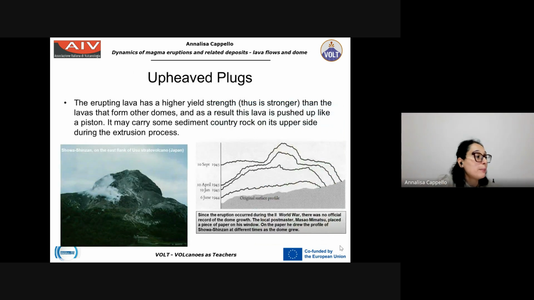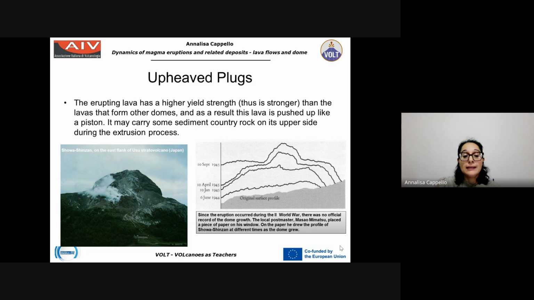And finally, upheaved plugs, which are a very rare and interesting type of lava dome, because the erupting lava of the upheaved plugs has higher yield strength than the lava that generally forms the other kinds of lava dome, so it is stronger. It needs more pressure to flow.